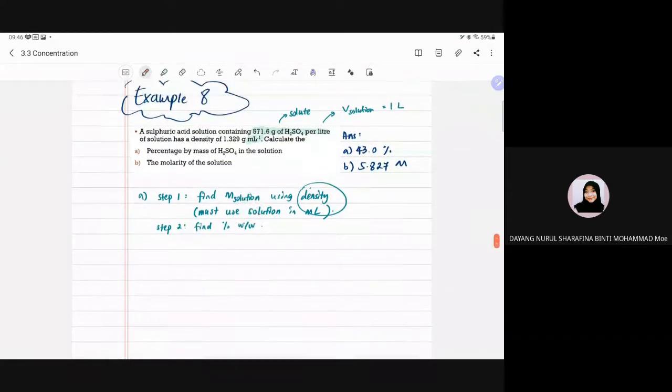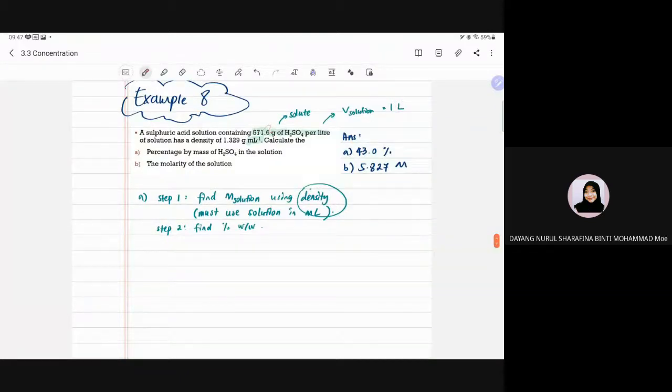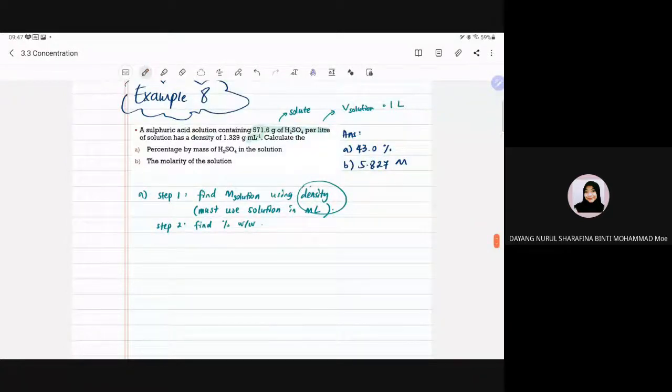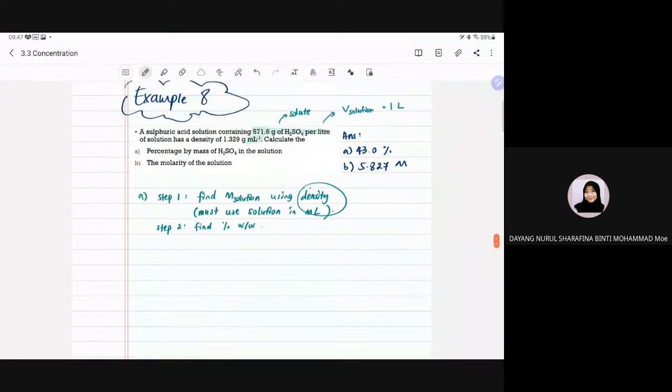Okay. Now, dia bagi tahu mass dia 57.6, okay, per liter of solution, density dia yang tu. Untuk bahagian A, kita check percentage by mass. So, kita kena ada mass of solute bahagi mass of solution. So, kita check mass of solution dahulu. Mass of solution sama dengan density solution darab volume solution. Density dia bagi tahu dalam bentuk grams per ml, 1.329 grams per ml.